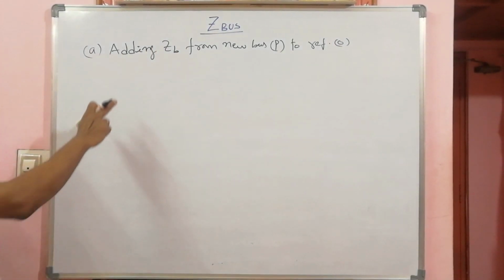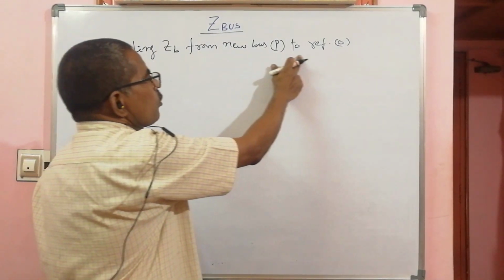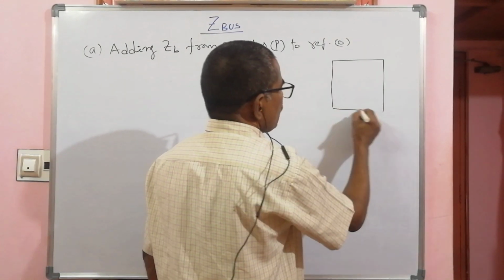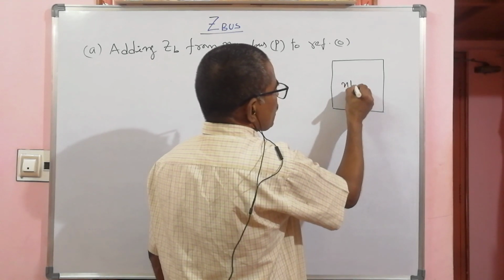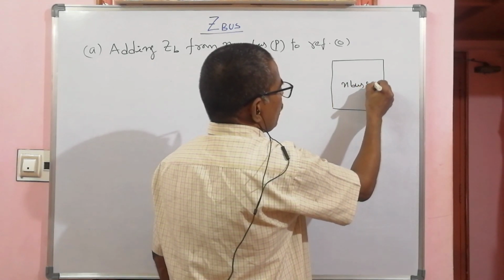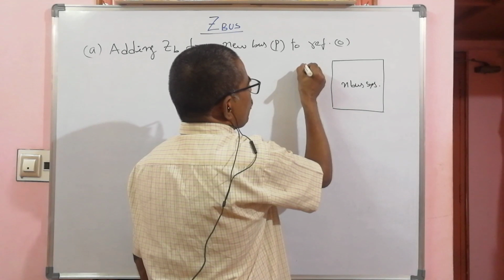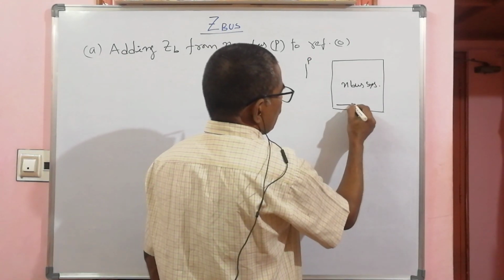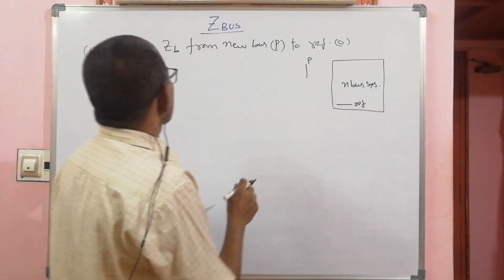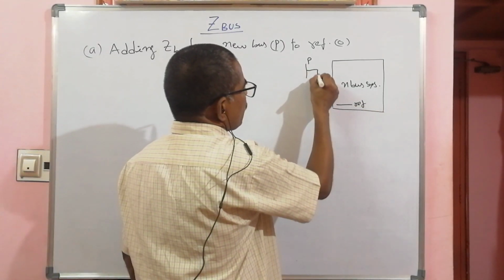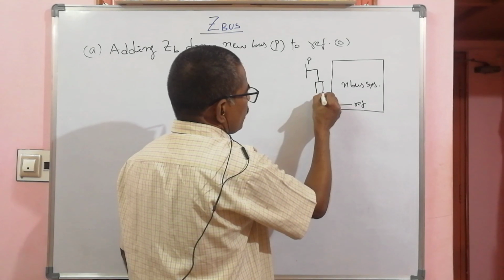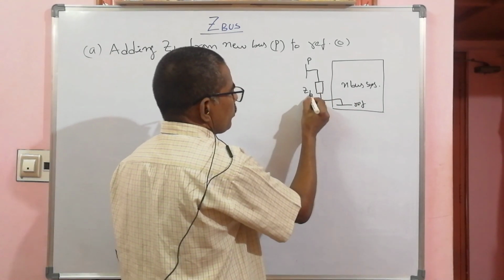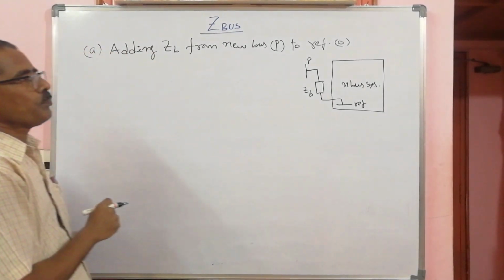So first case, you are adding ZB from new bus to reference. So further the diagram is, this is n bus system, new bus is P, and then reference. We are adding ZB. That is the case.